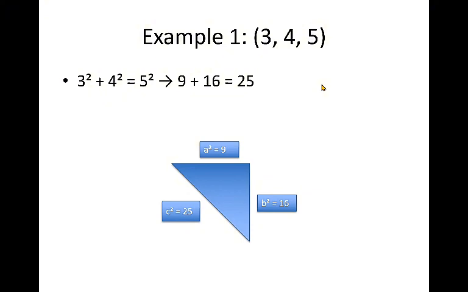The answer is A squared becomes 9, B squared is equal to 16, and C squared is 25. The smaller squares, the one with area 9 and the one with area 16, combine perfectly to match the large square with area 25.